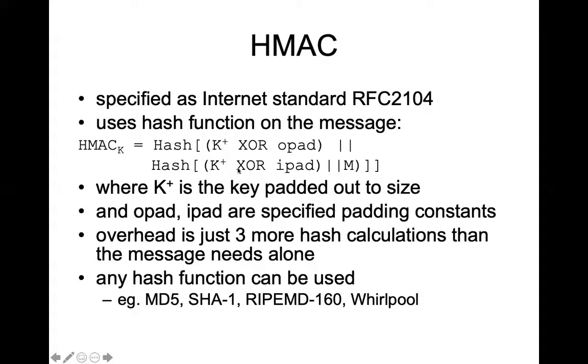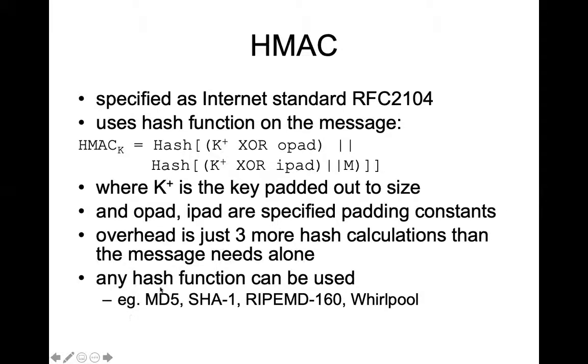Message concatenated with this stuff over here, hashed, again concatenated with this stuff over here, which depends upon the key, as well as a fixed input and output pad and the hash function. Okay, and K+ is nothing but the key that's padded to a fixed size. So the padding is always deterministic. You add a few more bits at the end in a pre-specified way.